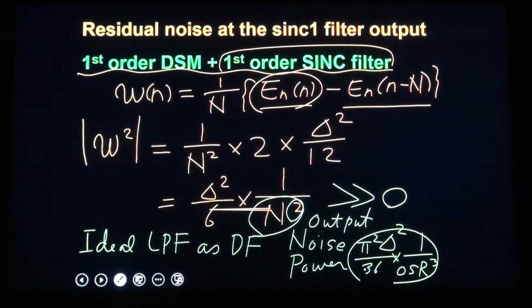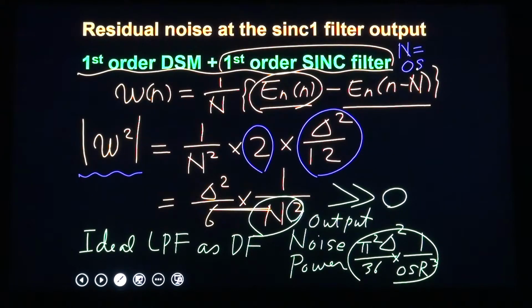So this output noise power is 1 over n square twice, and then the total power is delta square of 1 over n2. This first order sinc filter performs the entire decimation, so the downsampling ratio is the same as the oversampling ratio.